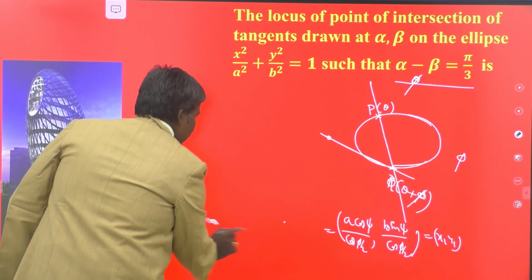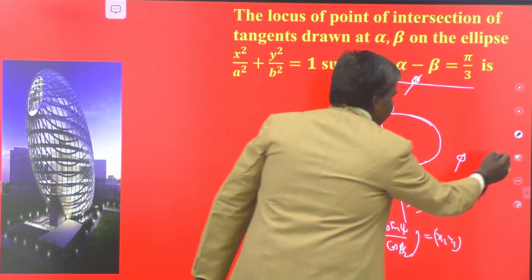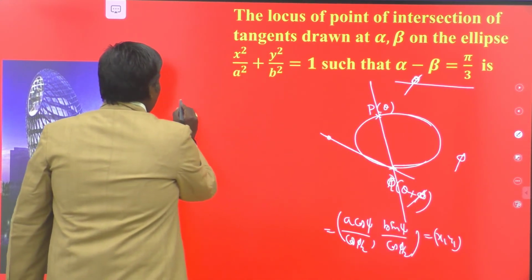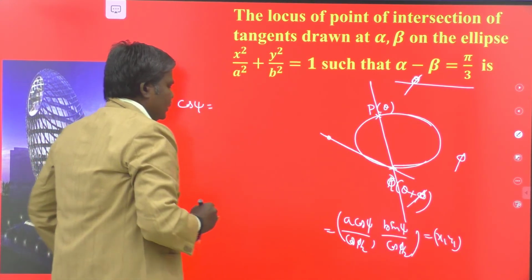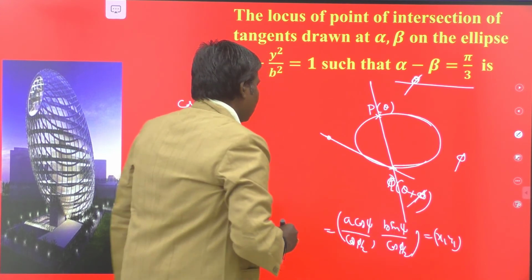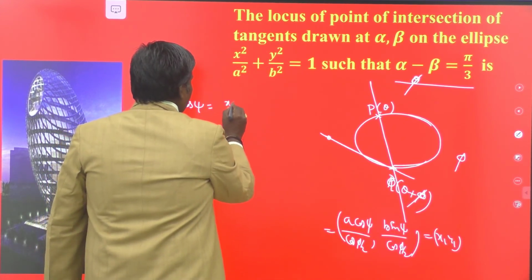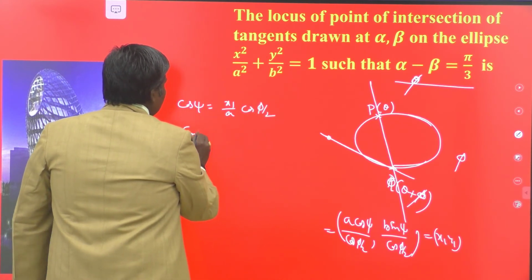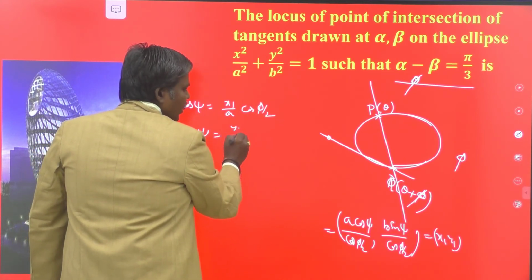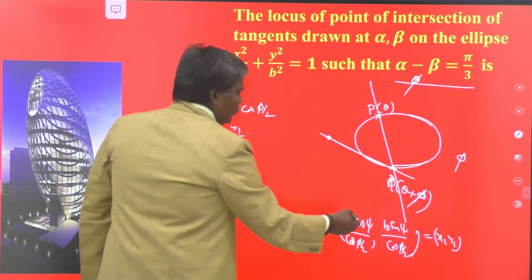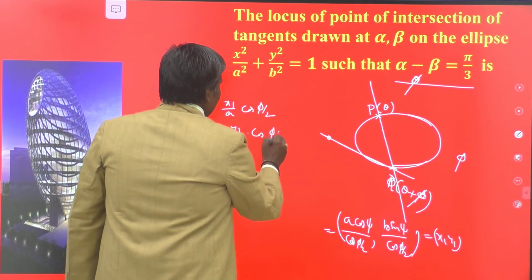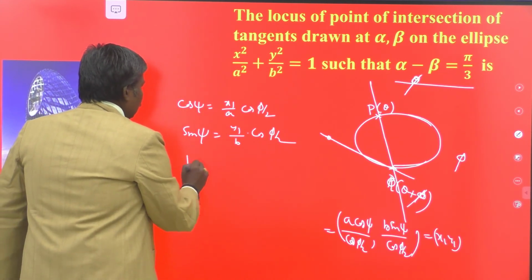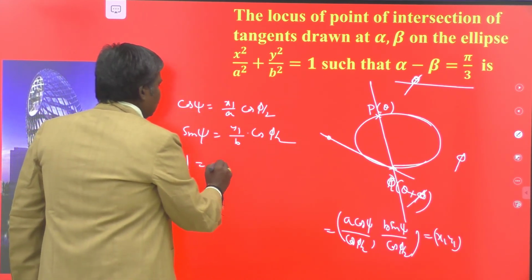From that, what do we have? Cos xi is nothing but x1 by a times cos phi by 2. Sin xi is y1 by b times cos phi by 2. By squaring and adding, we eliminate xi. So cos square xi plus sin square xi is 1.